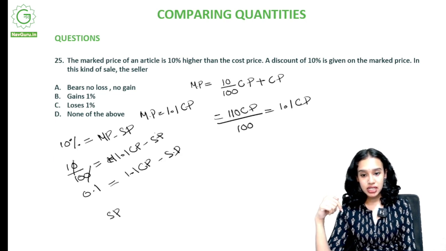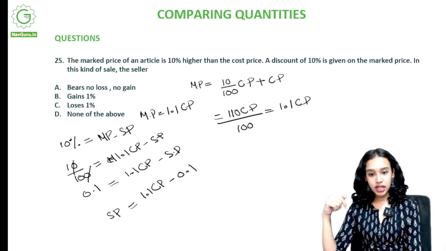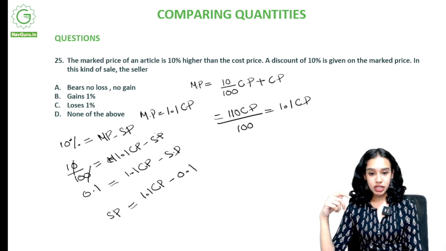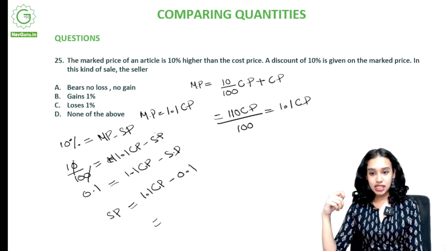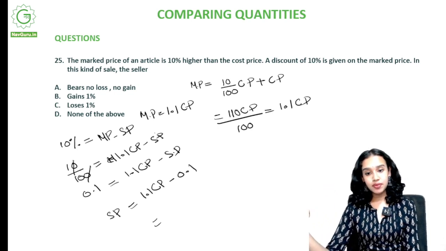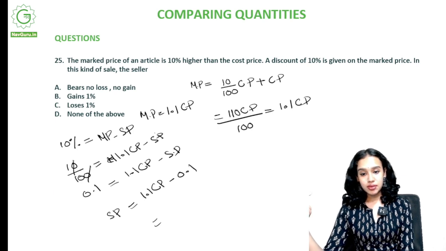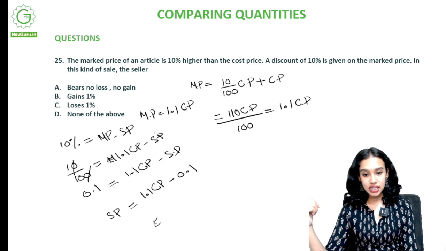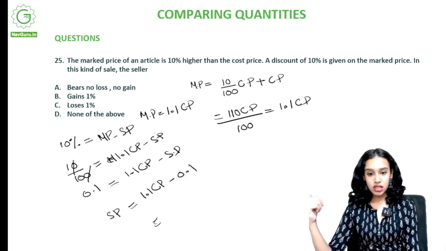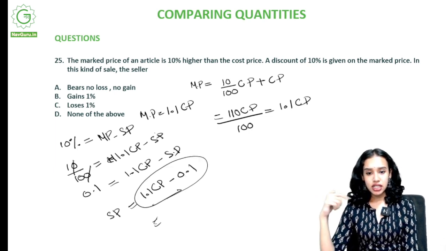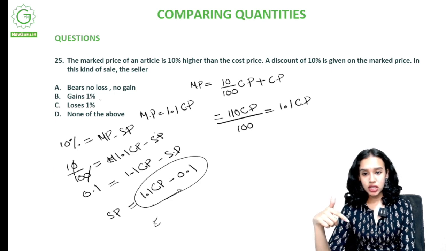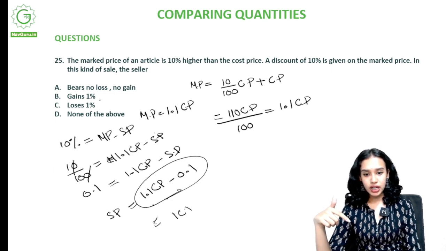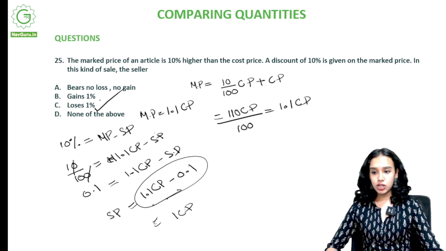So selling price is equal to 1.1 CP minus 0.1, right? So this means that the selling price is actually less than the cost price because the cost price is higher. So there would be a loss of 1% of cost price.